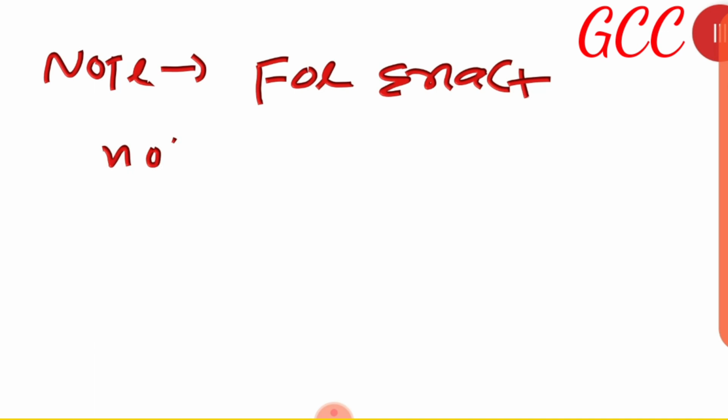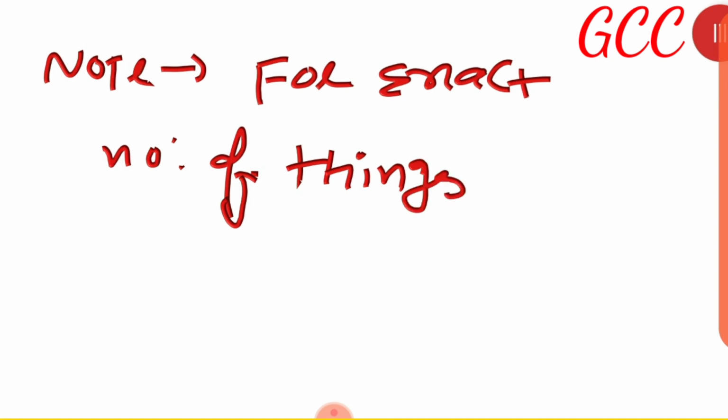Okay, the last rule, beta, that you should know very well: just remember always that for the exact number of things, you must write the note. Exact number of things means, suppose you are having 12 books.